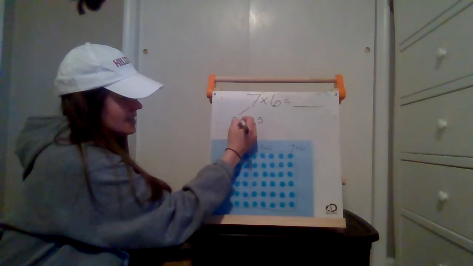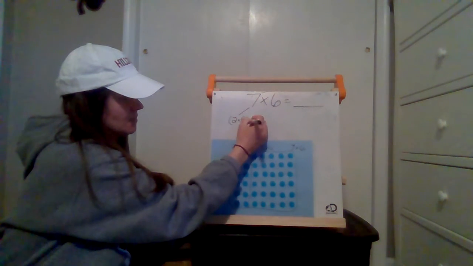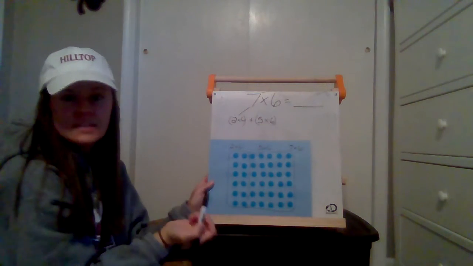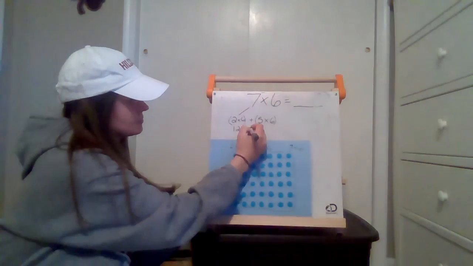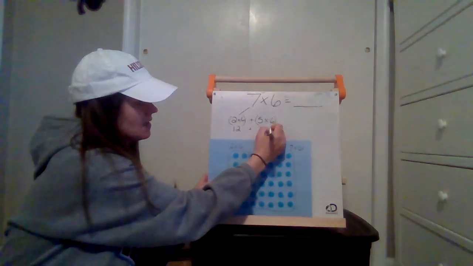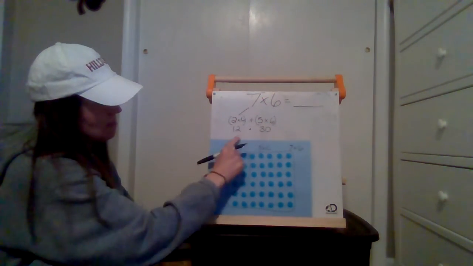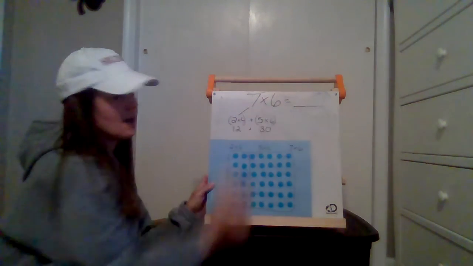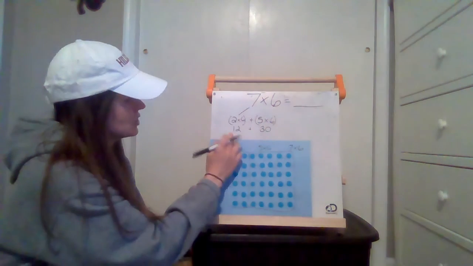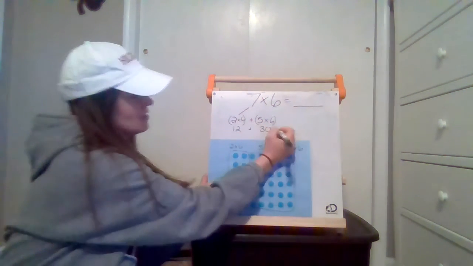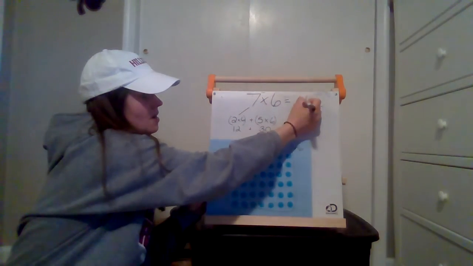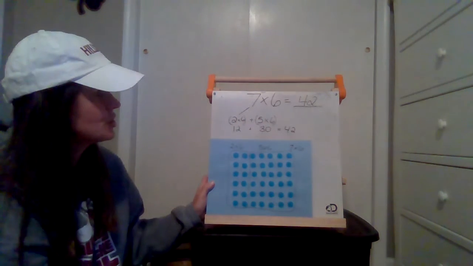So I have 2 groups of 6, I didn't touch that other factor, and I have 5 groups of 6. 2 times 6, I have a double there, I know is 12, and then 5 times 6 is 30, and I have to join my partial products here to get my complete product. Remember, partial products are parts of products. So I have 30 and another 10 here, so that's 40, or 4 10s and 2. So my product is 42.